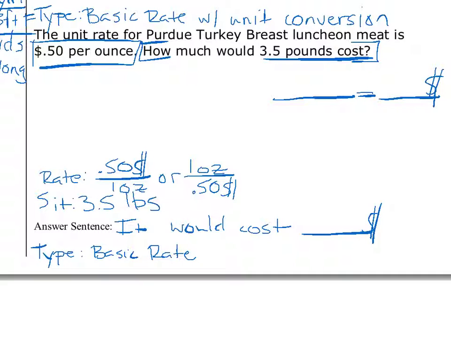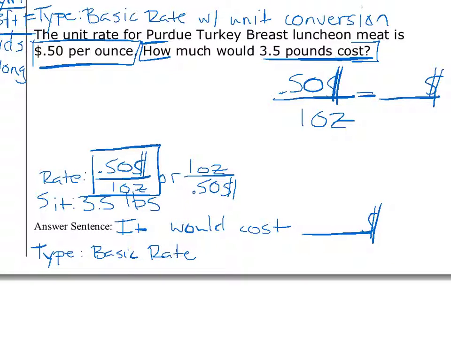Still waiting for 100%. Okay, should be showing me yes because we have this dollars on top, so we can put $0.50 on top just like we want to over 1 ounce.